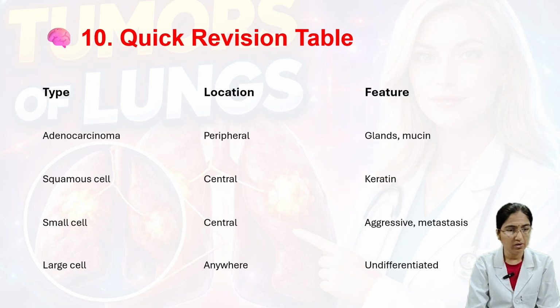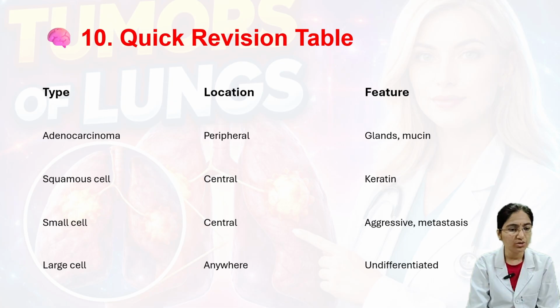And here, for remembrance purposes, you can see the types of cancers, their location, and feature. Adenocarcinoma is peripherally located, and its main characteristic is gland formation and mucin production.